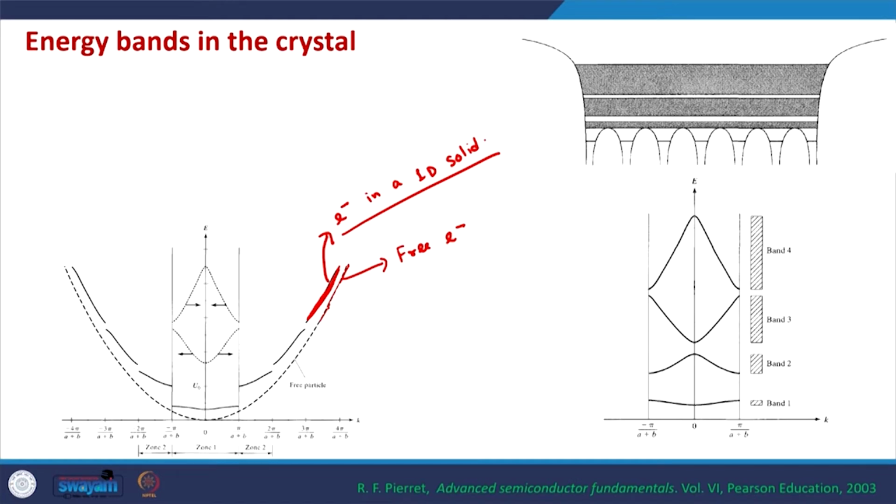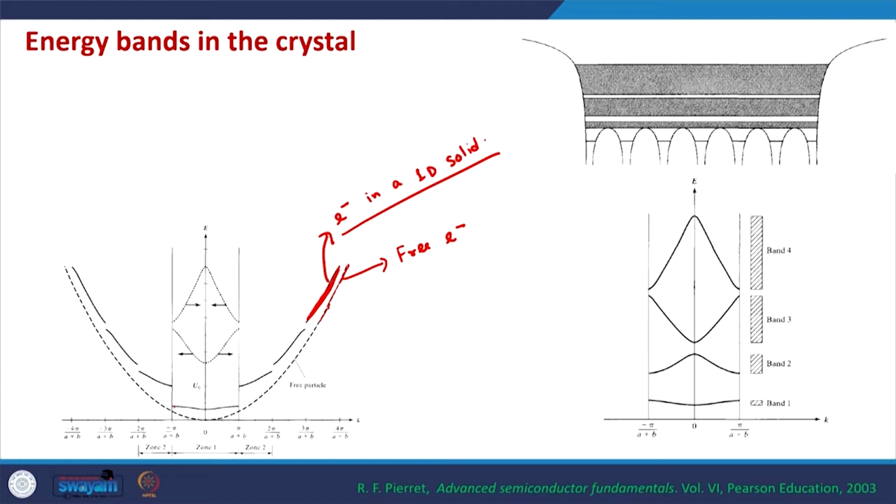Okay. But the E-k relationship for electrons in a 1D solid and for a free electron is quite different for low energy values, for the low energy electrons, when the electronic energy is not so high. What it means is that a low energy electron is confined in the solid, or not tightly confined, I would not say tightly because that word has been used in a different context.